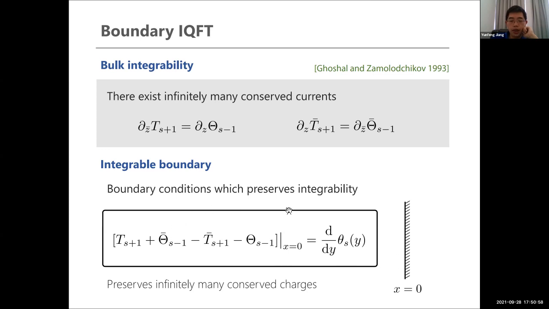Because if this condition is satisfied, then you can construct a conserved charge which is preserved by the boundary. So suppose infinitely many conditions like this are satisfied, then it means you can construct infinitely many conserved charges that are preserved by the boundary. So this is the integrable boundary condition.